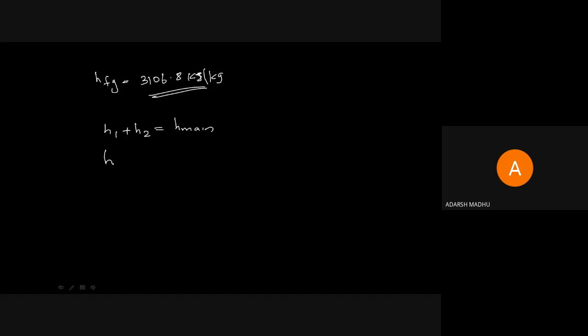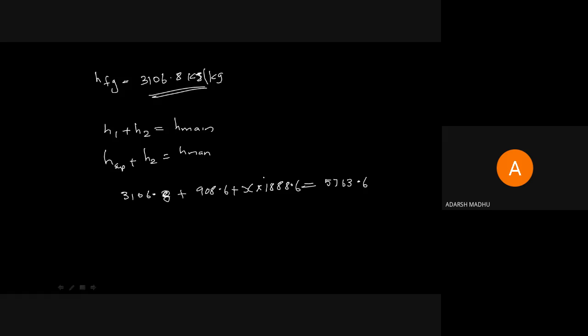That is H superheat plus H2 equal to H main. The first one, H superheat, is 3106.8, plus the second one, that is 908.6 plus x into 1888.6, both equal to H main, that is 5763.6.